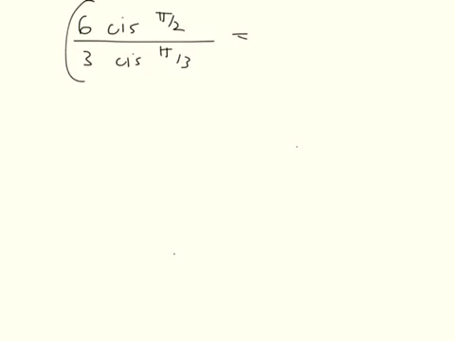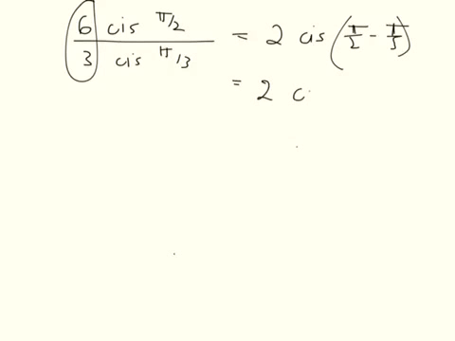So for example, if I have two complex numbers, 6 cis pi on 2, and I want to divide that by 3 cis pi on 3, 6 divided by 3 is 2, and then my angle is going to be pi on 2 minus pi on 3. So my answer is 2 cis pi on 6.